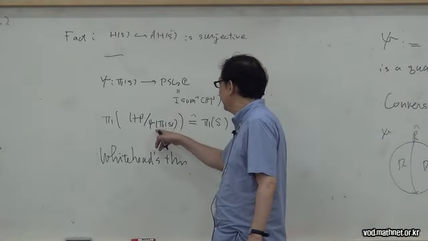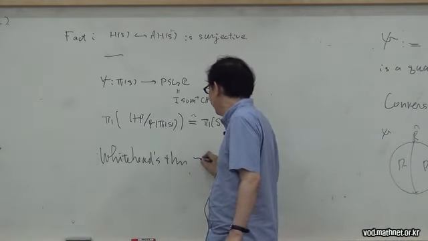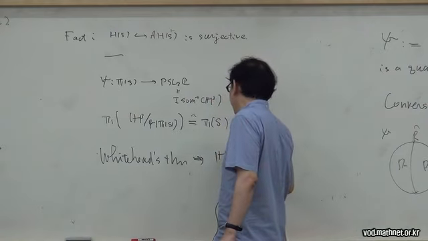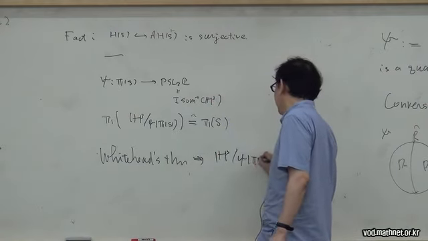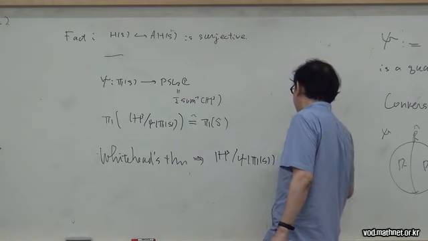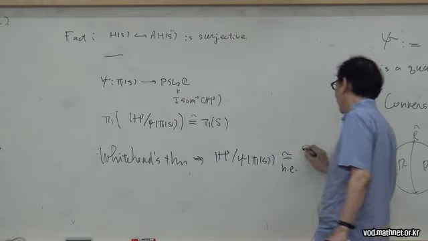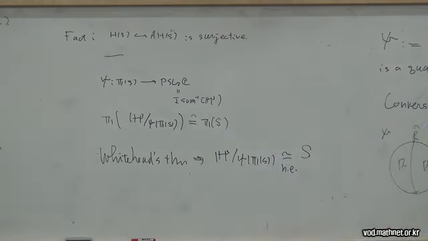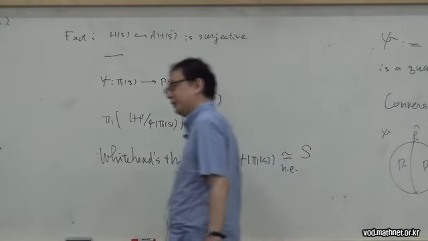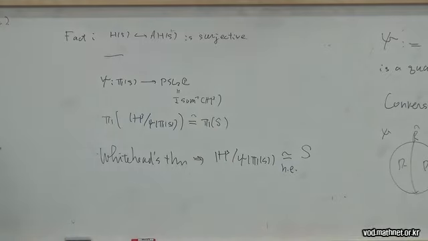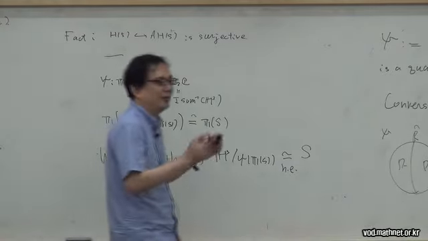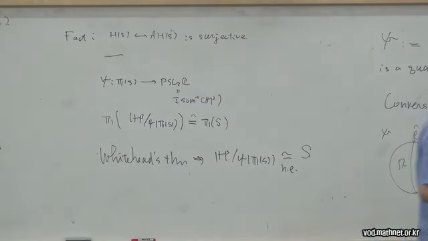So this implies H3 over this is homotopy equivalent to S. So you have a 3 manifold which is homotopy equivalent to S. So that means it's homotopy equivalent to S times interval. Okay?